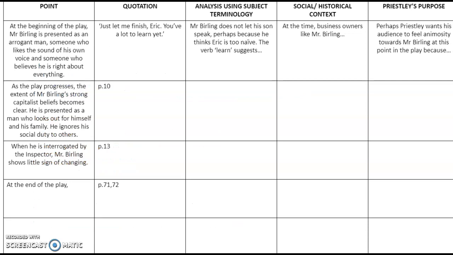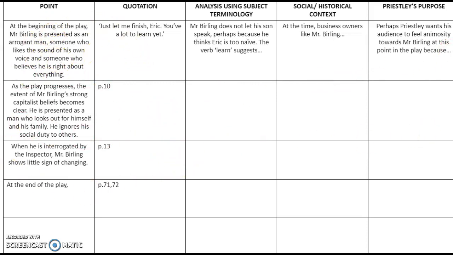We're going to look first at this first planned paragraph here and go through it together as a class, and then for the other 3 points, I will need you to plan those yourselves. That's how it's going to work today. So we're going to start off with this point here. Each of these rows is essentially a paragraph.